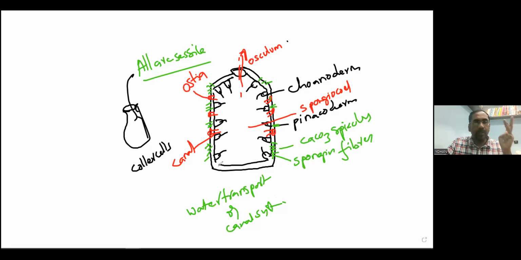Ostia, canals, spongiocele, outside through osculum. Now, what is the advantage of the canal system? Number one, collection of food. Number two, respiratory gas exchange. Number three, elimination of waste materials.